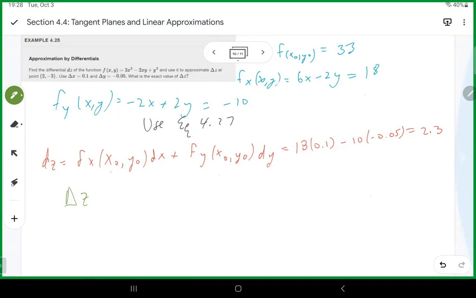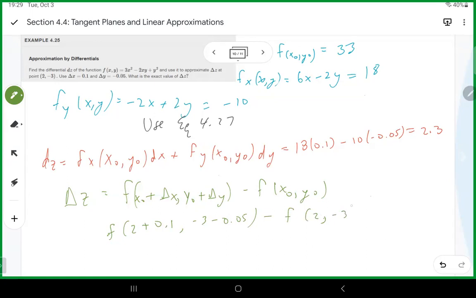And you find that by doing f of x sub 0 plus delta x comma y sub 0 plus delta y minus f of x sub 0, y sub 0. So when you fill it in, you get f of 2 plus 0.1, -3 minus 0.05, minus f of 2, -3.